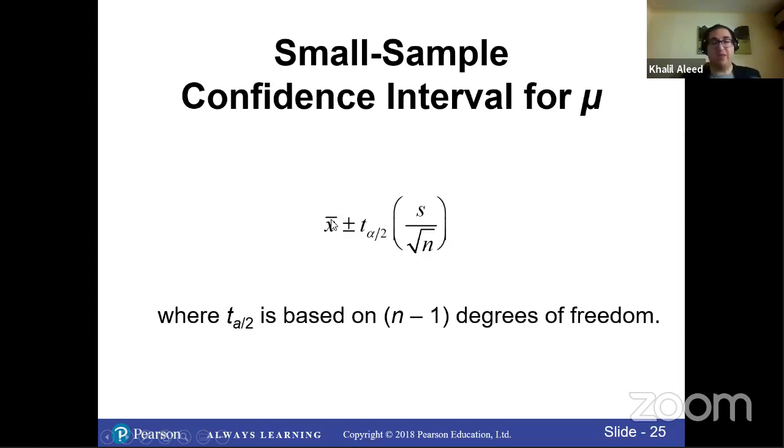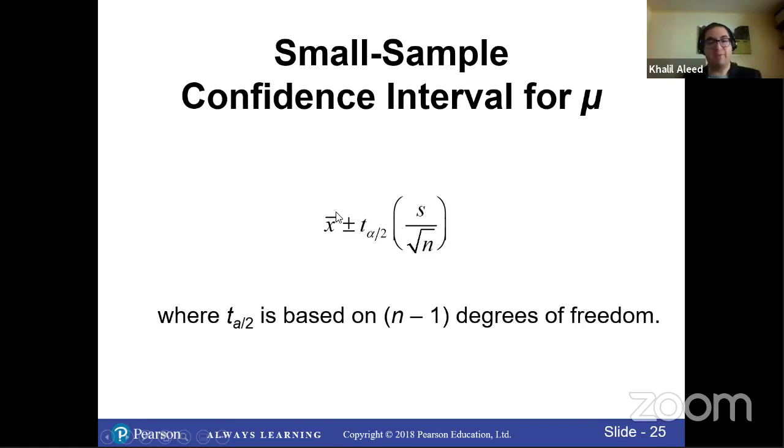The upper and lower limits are very much the same: X bar, which is the sample mean, plus or minus the T value instead of Z, multiplied by the sample standard deviation S divided by the square root of n.